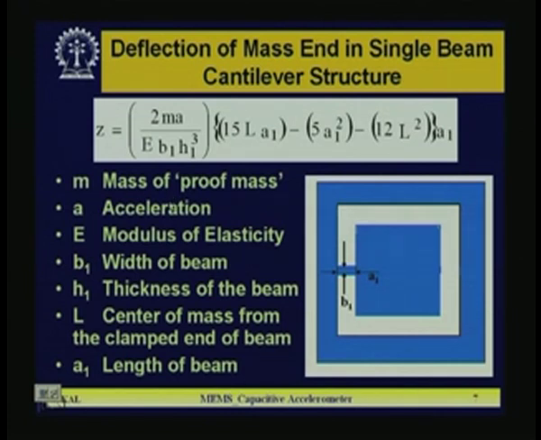So, if A is the acceleration, then with acceleration A along Z direction, if we accelerate the whole structure, then the seismic mass will move, some displacement will take place, and that displacement is Z, which is given by this relation: 2 m a over E b1 h1 cubed into (15 L a1 minus 5 a1 squared minus 12 L squared) multiplied by a1.